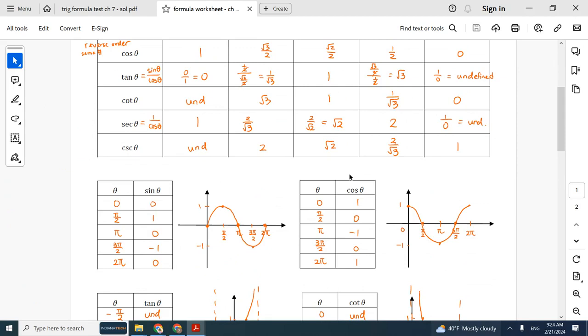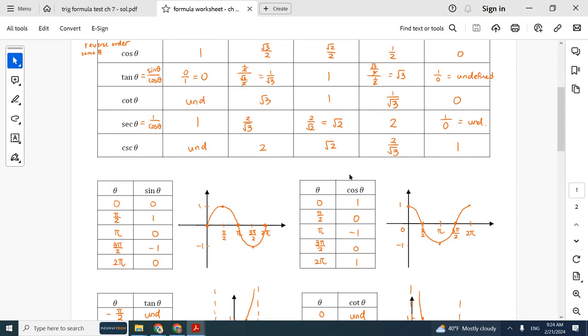Yes, everybody? And the amplitude. The amplitude in this case is 1. But if you have a vertical stretch, then your amplitude is whatever number is multiplied by the sine or cosine. And period. The period of sine and cosine is 2 pi, right?